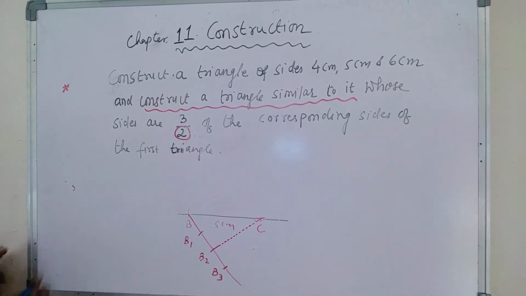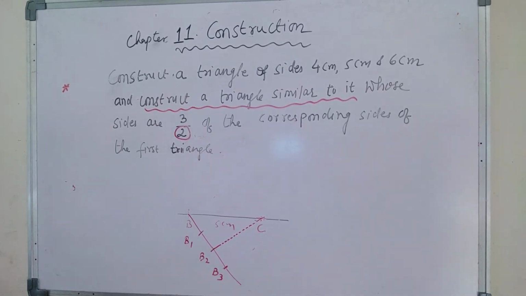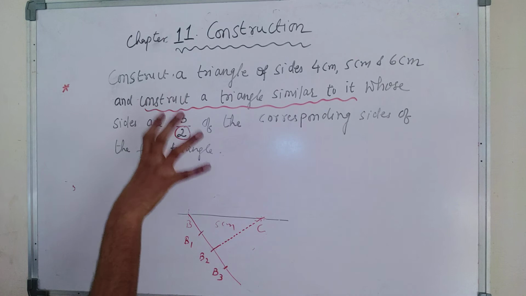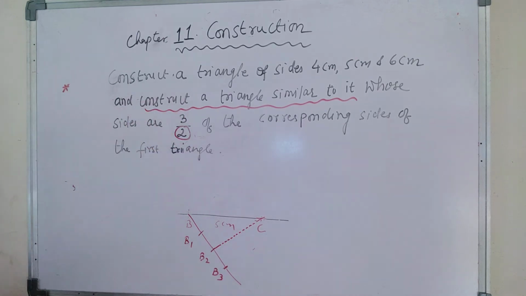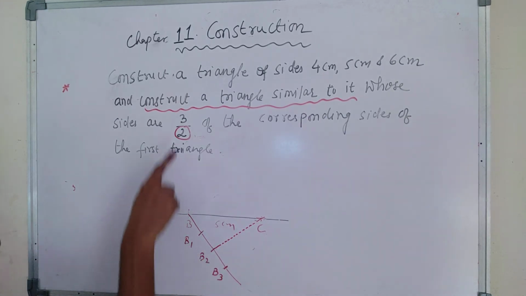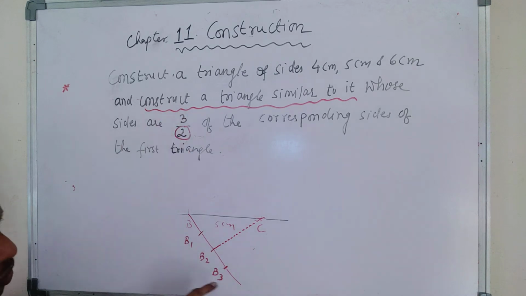That means you take care that the denominator part has to be joined with the endpoint C. That you have to take care of. Now B3, this is the third part. From B3 I'll be drawing a line parallel to B2C.